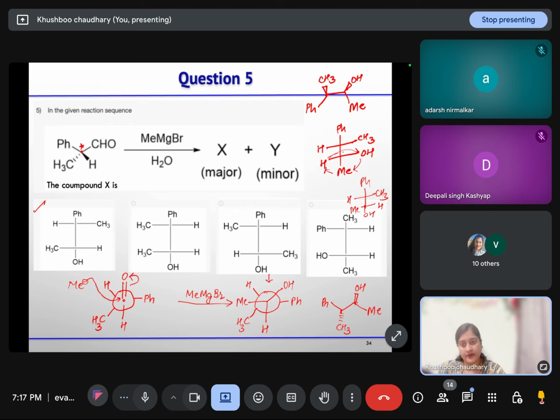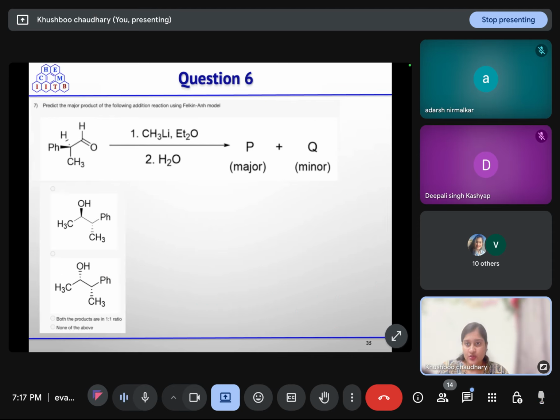Okay. Then the next question is, predict the major product in the following. This we already discussed. When we have an aldehyde, you are treating it with methyl lithium in the presence of water.